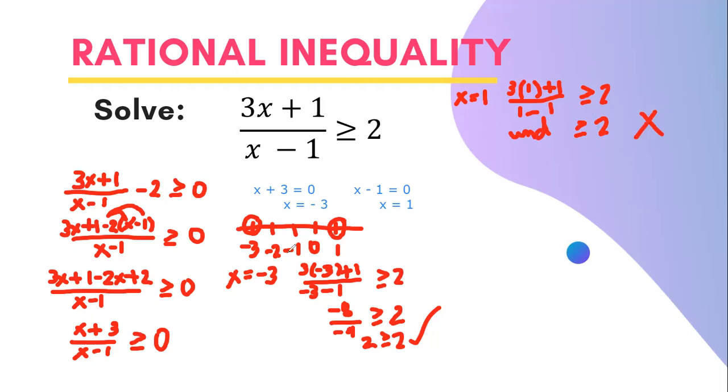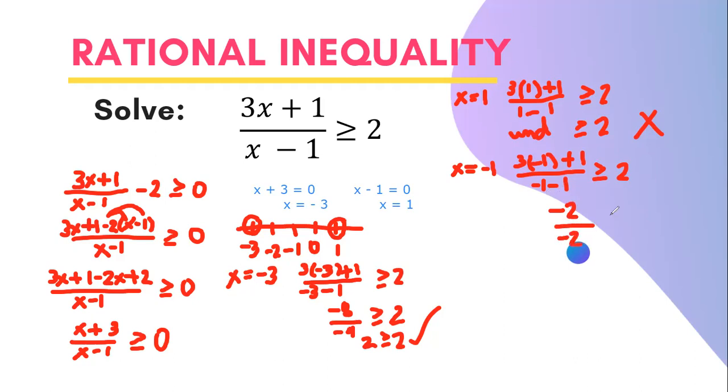Okay? How about negative 1? Let's try substituting that into our expression, just to check whether the numbers in between negative 3 and 1 are part of the solution set. When x is equal to negative 1, what will happen to our expression? Say 3 times negative 1 plus 1 over negative 1 minus 1 is greater than or equal to 2. What is 3 times negative 1? It's negative 3 plus 1 is negative 2, over what is negative 1 minus 1?